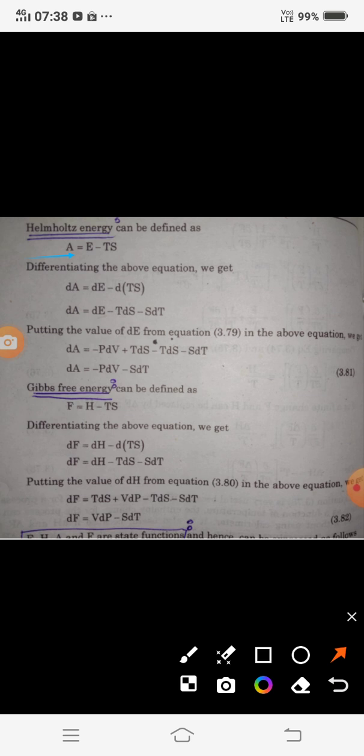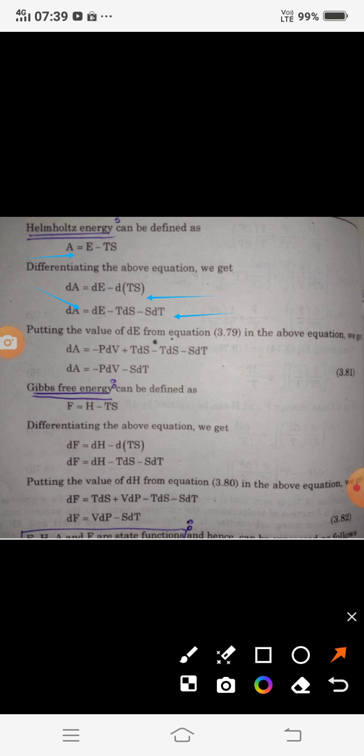Differentiating both sides is very easy, because we have done it in the case of enthalpy. The differential of A is equal to the differential of internal energy minus the differential of TS: the first differential is given to the entropy, the second to the temperature. So the equation appears in this form.